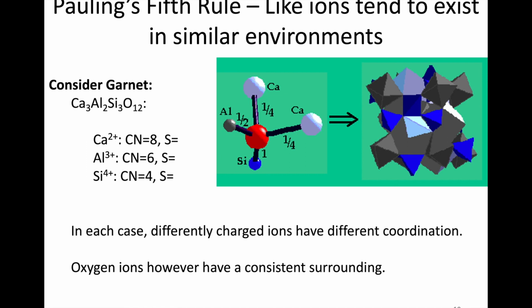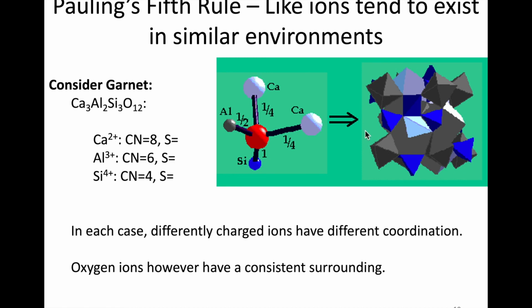An example here is garnet, so you can see multiple cations. If we look at oxygen in this case, we see that oxygen will tend to want to be in a similar environment, and that's to be bonded to two calciums, aluminum, and a silicon in this way.